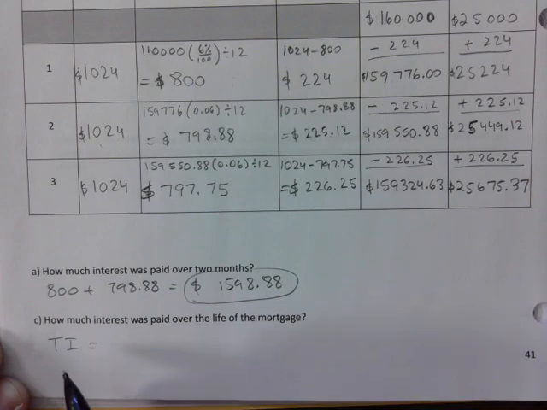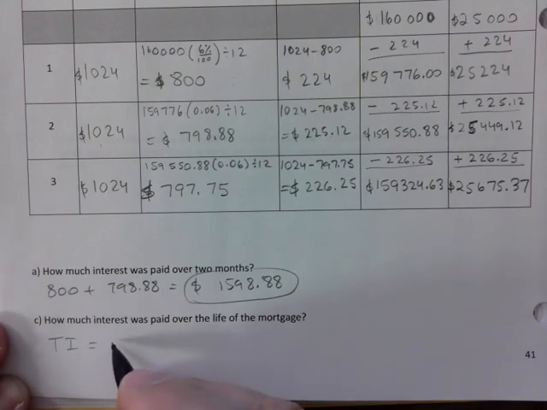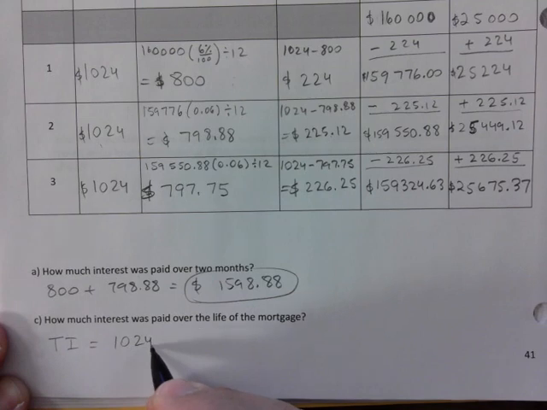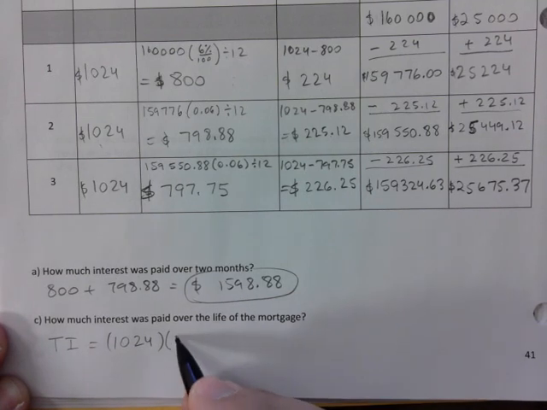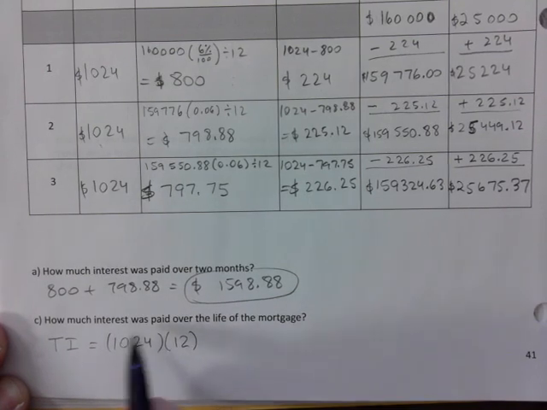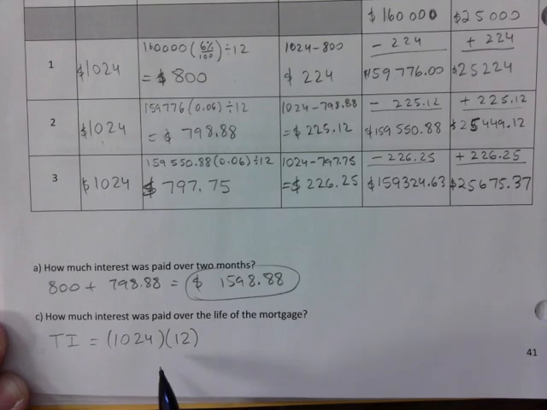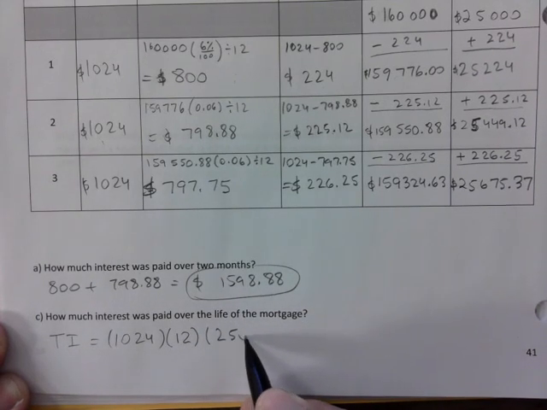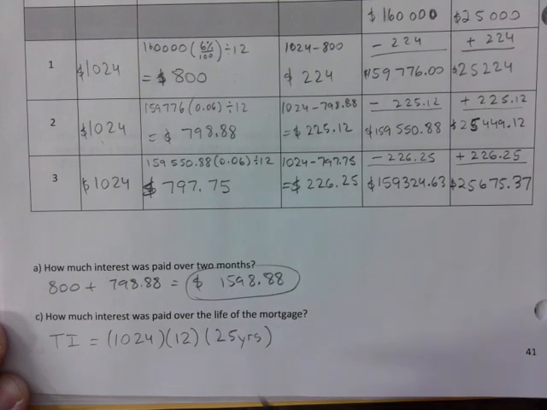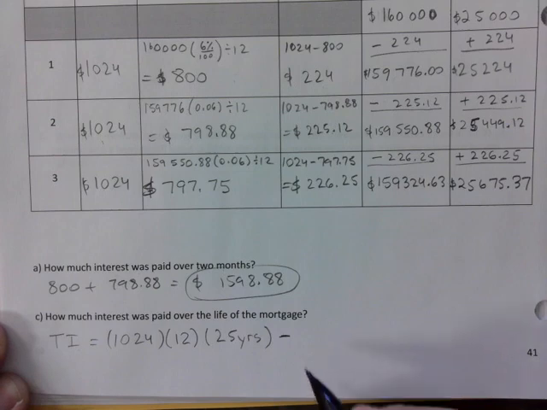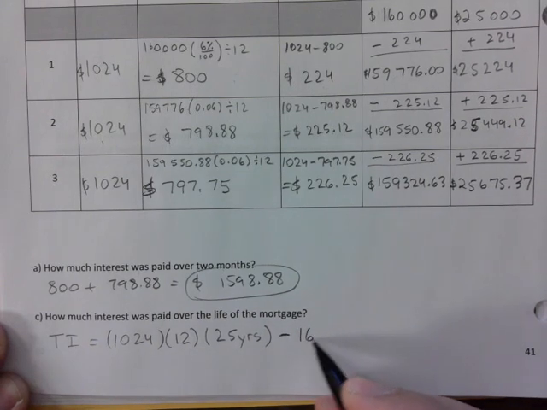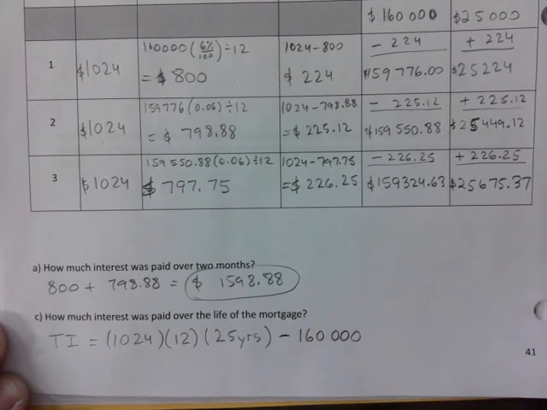Total interest. Can we do it? This time we can, because we have our monthly payment. We're making those every month. So this would be how much you paid in 1 year, right? And in this case, it's done over 25 years. Then we subtract 160. That's what you borrowed.